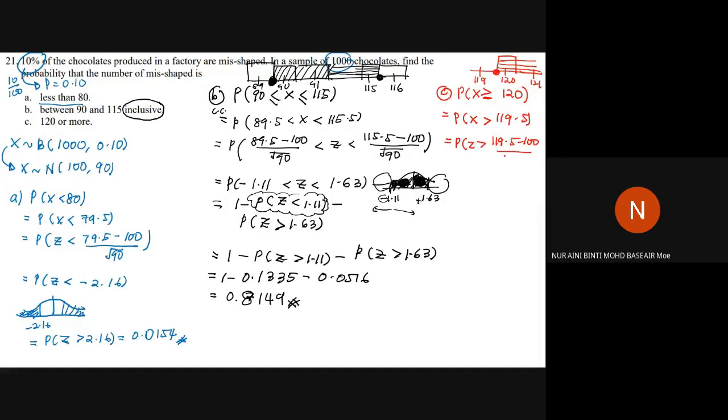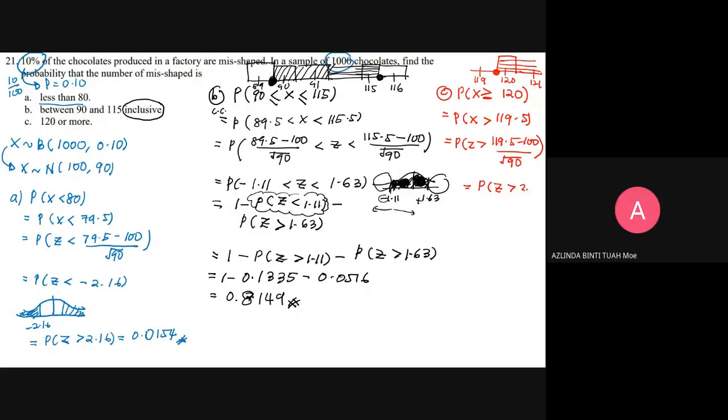119.5 minus 100, dia punya mean, over square root 90. Okay, berapa value dia? Point something. 2.0555.